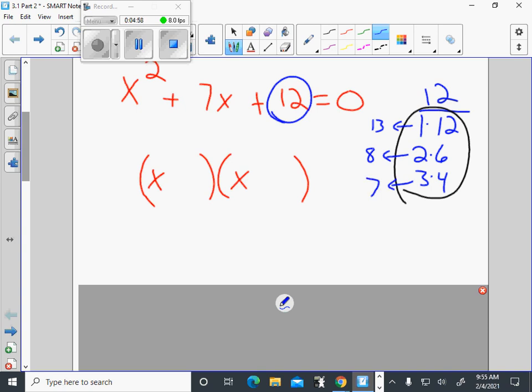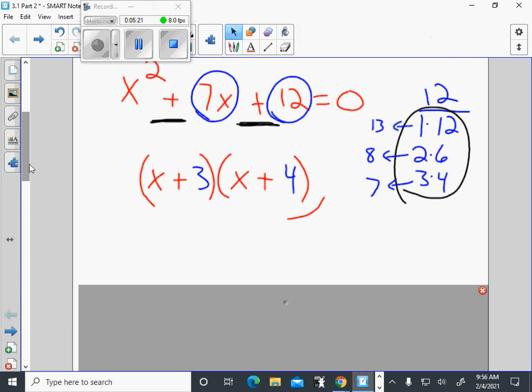Well, that will give me my 7x. So I need a 3 and a 4. Okay, and I know that 3 times 4 has to equal a positive 12, and when they add together, it has to be a positive 7. So the middle is just going to be a plus.